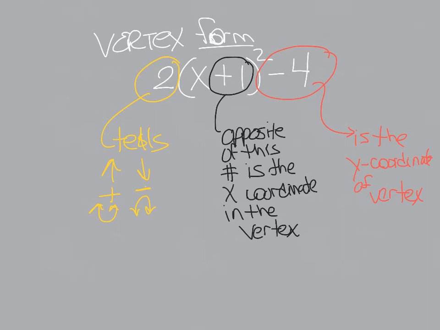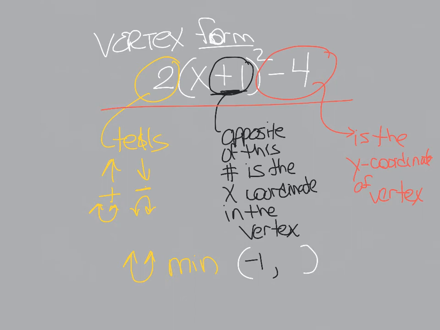All right, so looking at this equation, it's a positive 2, so we know that it's going to be going up. So we're going to have a minimum. And for the minimum, we're going to take the opposite of this, so -1, that's our x coordinate.